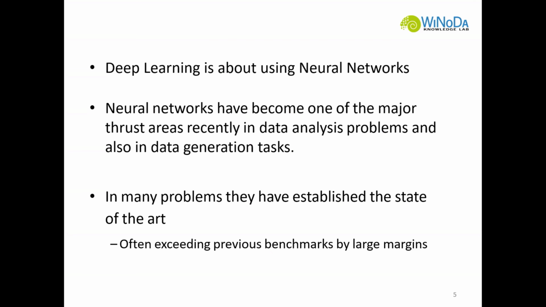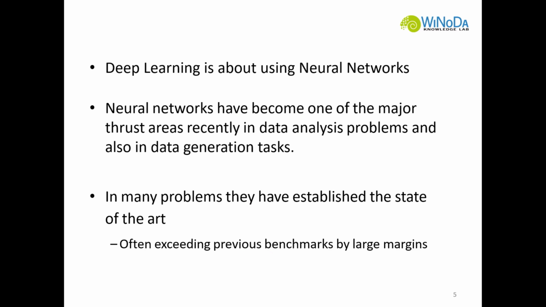And also, as we will see in a minute, not only analysis, but also data generation, which is something that neural networks haven't really been built for. But today time has shown, think of ChatGPT, that generating things, texts and images and so forth, is also a really big domain of these neural networks.